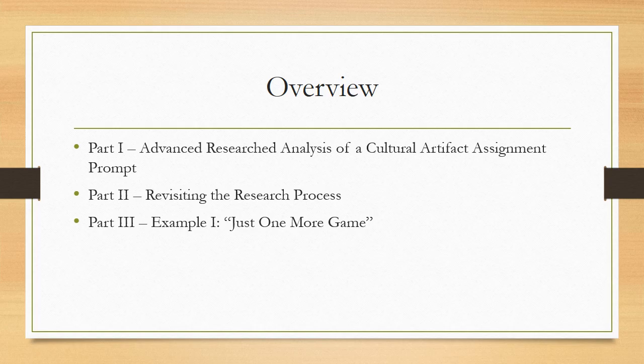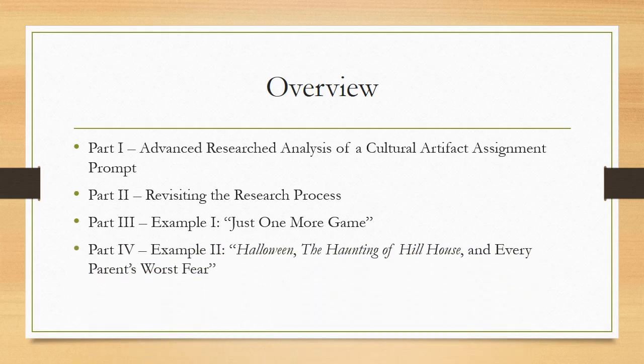I'll go over the assignment prompt, then the research process, because research is a big part of it. But what is a research analysis of a cultural artifact? You'll see a really good example of one in part 3, and another really good example in part 4.